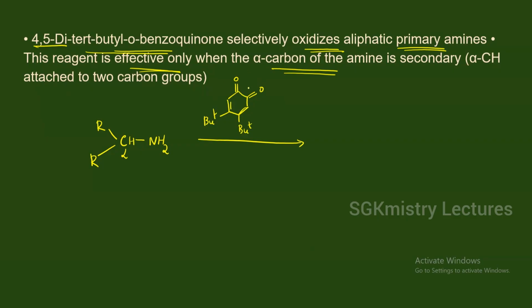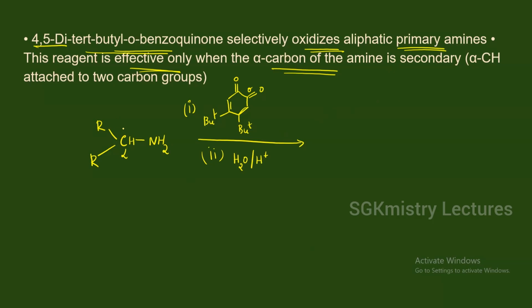Here it is the ortho position, right? So this is the reagent that is used, let me write it as 1. The second step is the same, acid hydrolysis. Here you're going to get the ketones as the product, right? So selectively, the oxidation of aliphatic primary amines takes place.